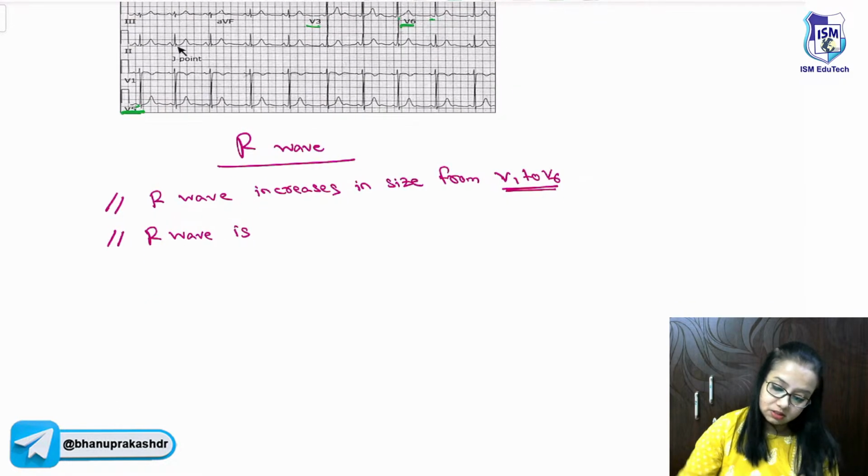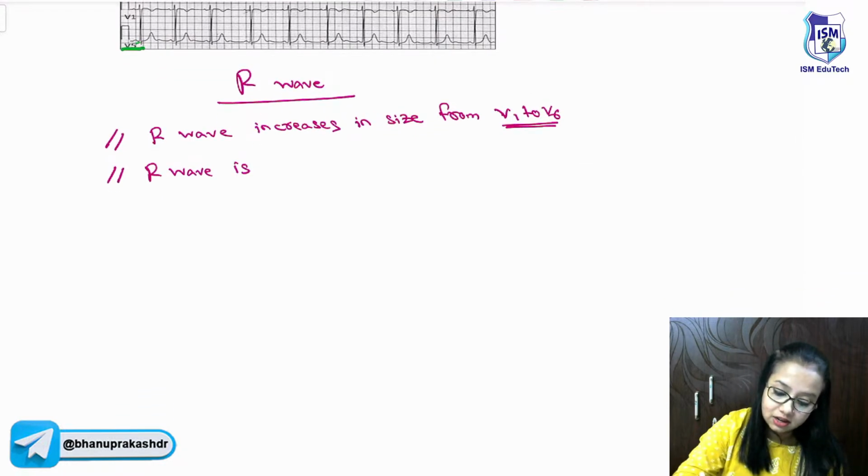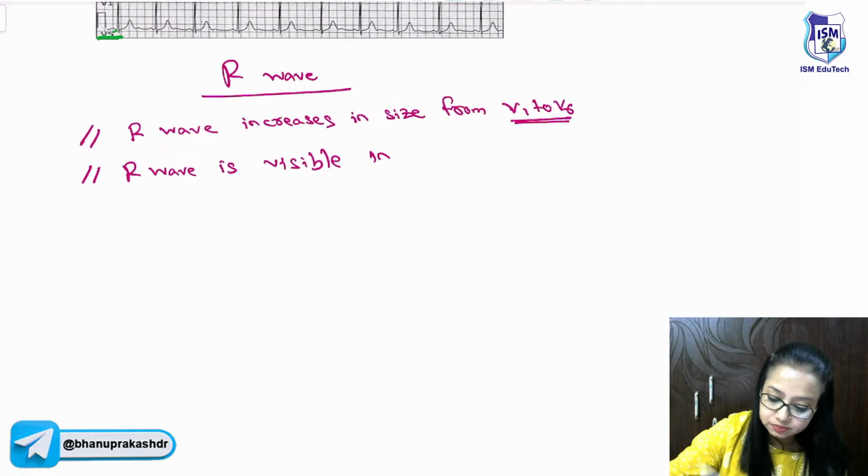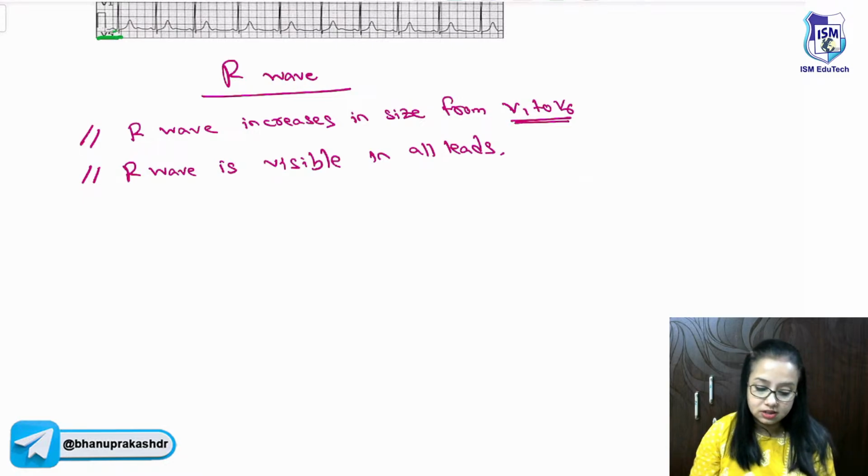So coming to the R wave. The R wave increases in size from V1 to V6, and it is visible in all leads.